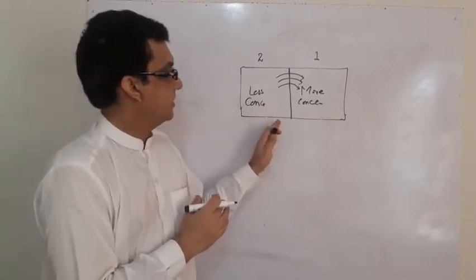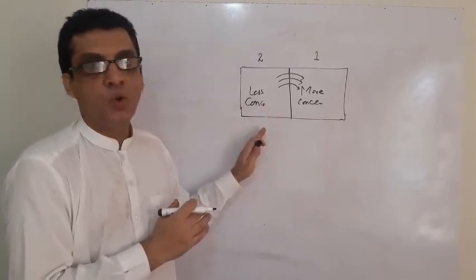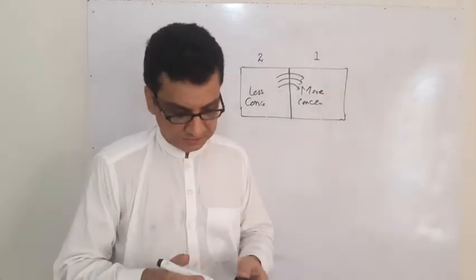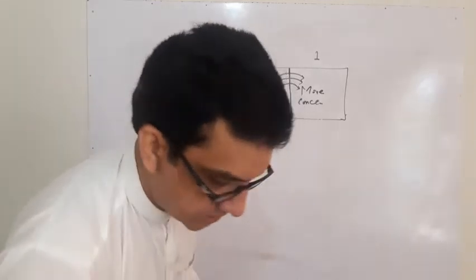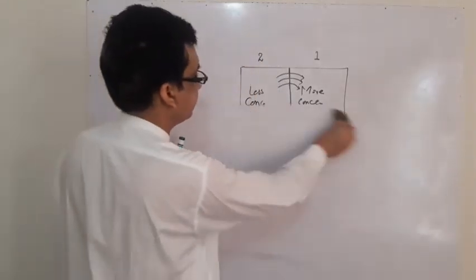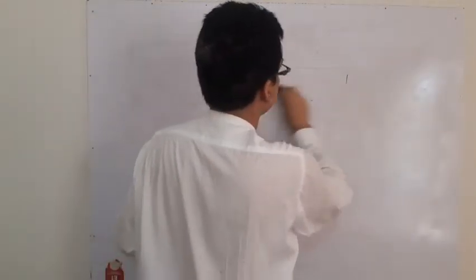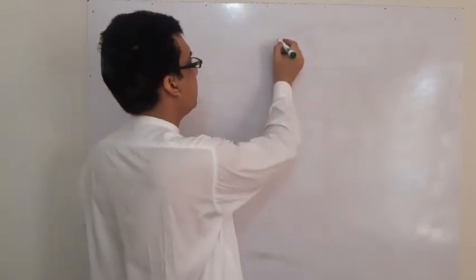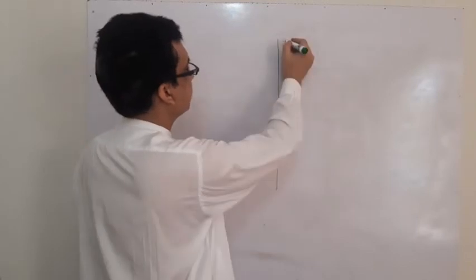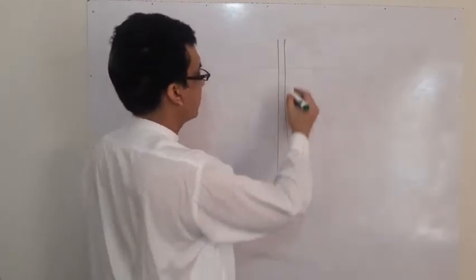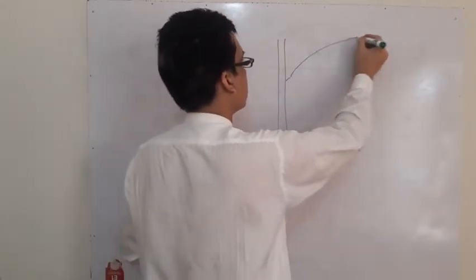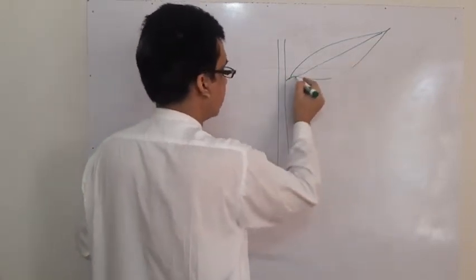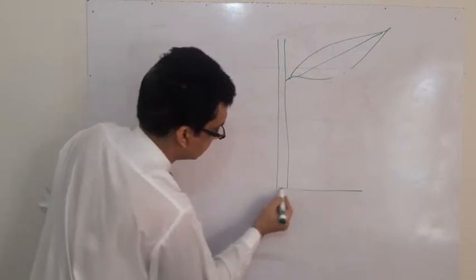In such a phenomenon, water is absorbed by the plants. Now let's suppose that this is the plant, the leaf, and these are the roots.